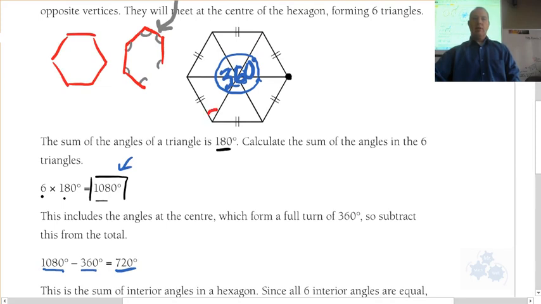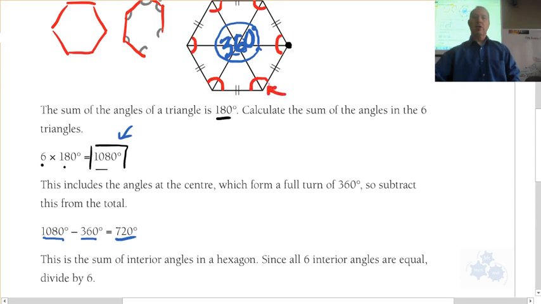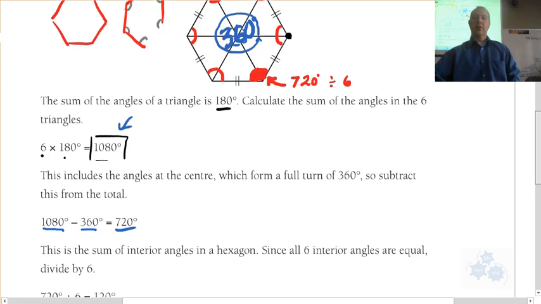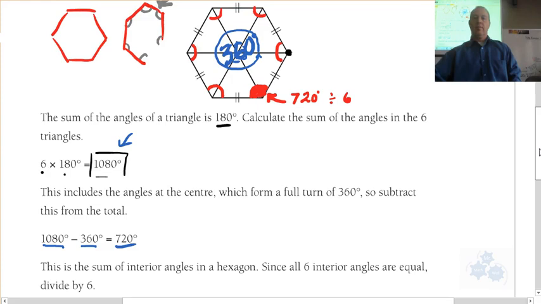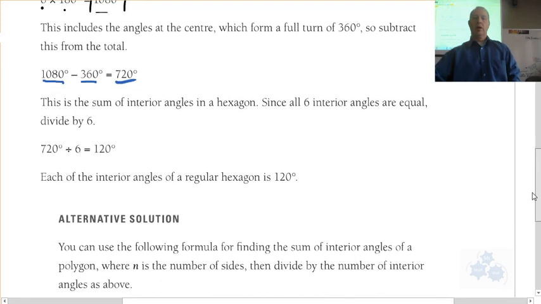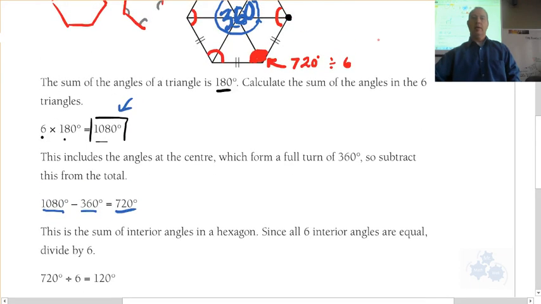If you take notice that the 720 comes from 6 identical angles, like this, you can divide 720 by 6 to get each interior angle now. See that? So this is 720 degrees divided by 6. So each interior angle is then 120 degrees.